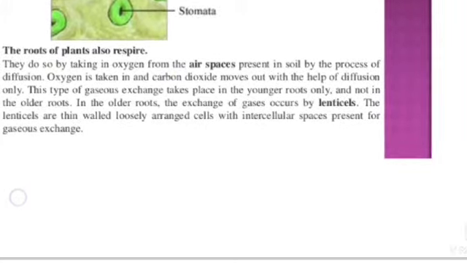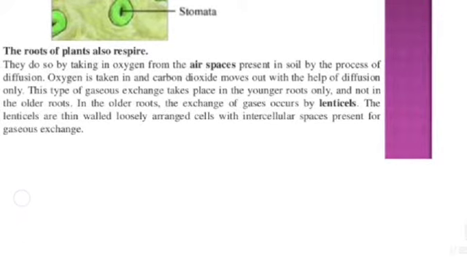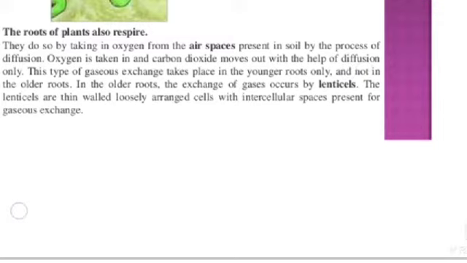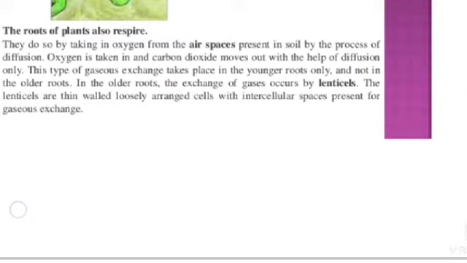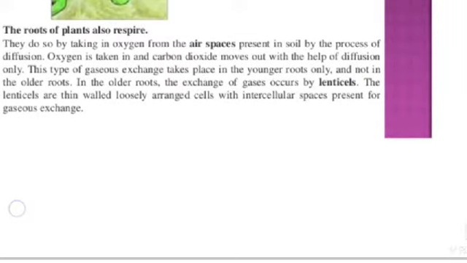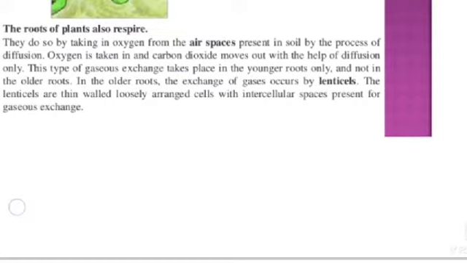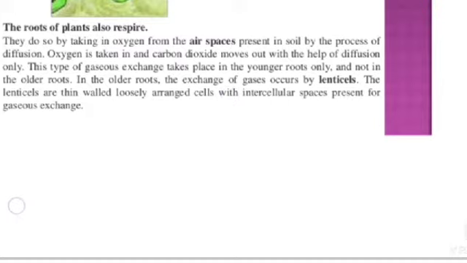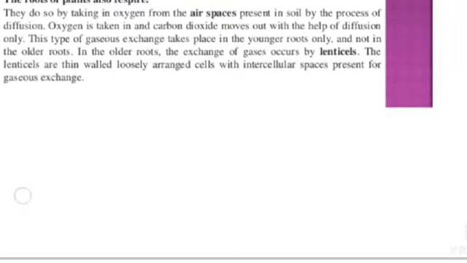This type of gaseous exchange takes place in the younger roots only and not in the older roots. In the older roots, the exchange of gases occurs through lenticels. The lenticels are thin-walled, loosely arranged cells with intercellular space present for gaseous exchange.